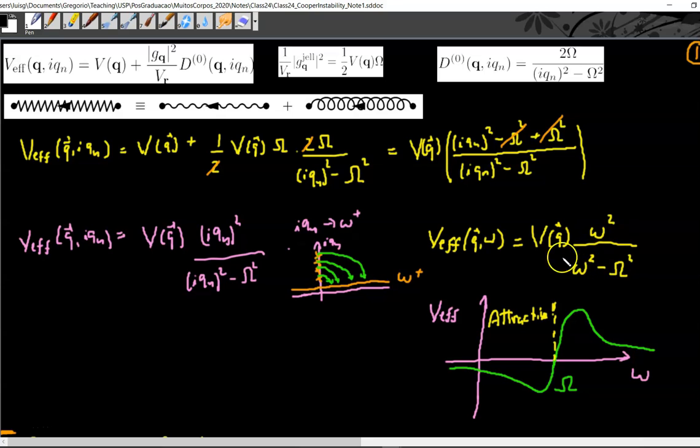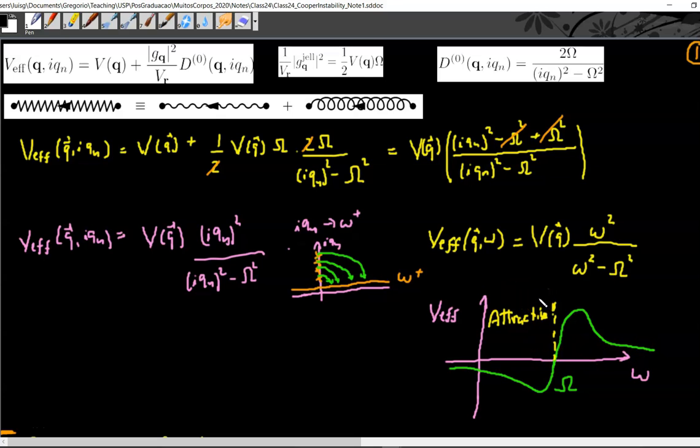That's essentially this form has this familiar shape, like the real part of a Green's function. So this is of course negative for omega less than the plasma frequency, and then it becomes repulsive for omega larger than the plasma frequency.